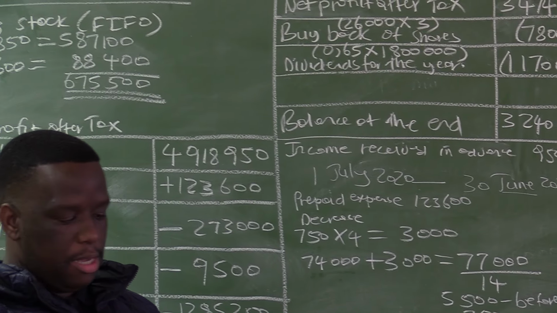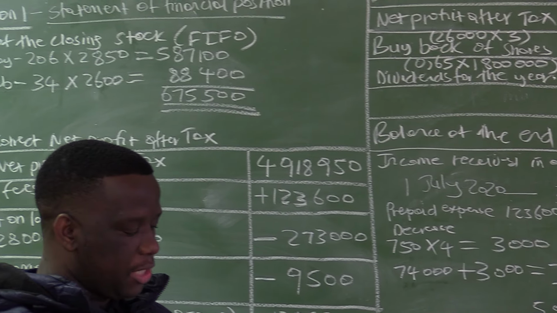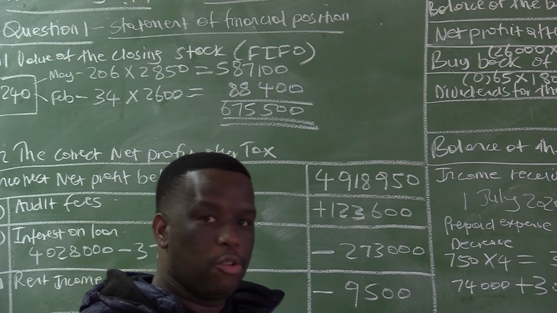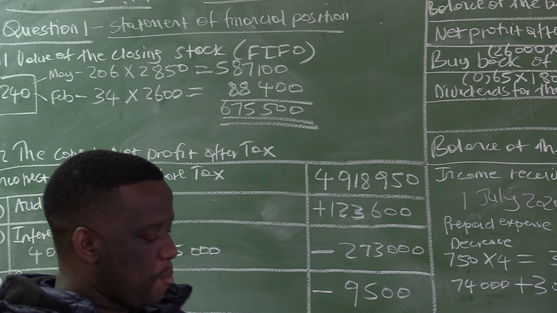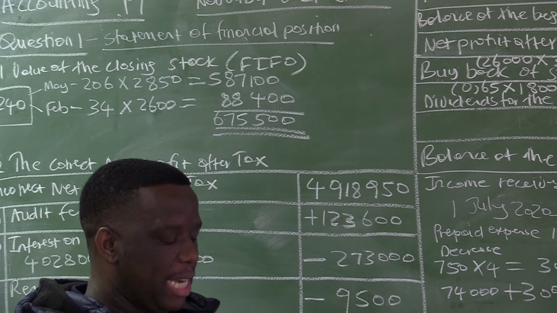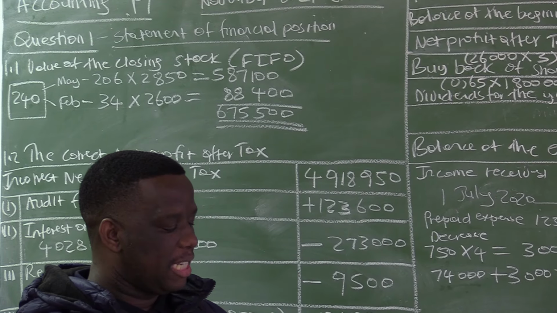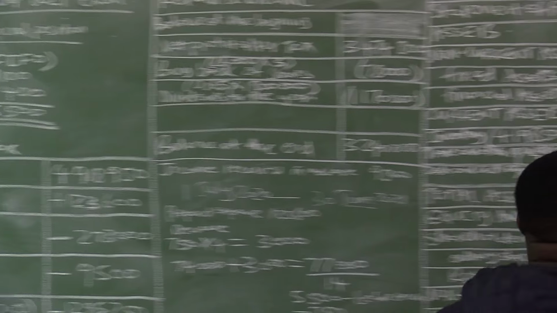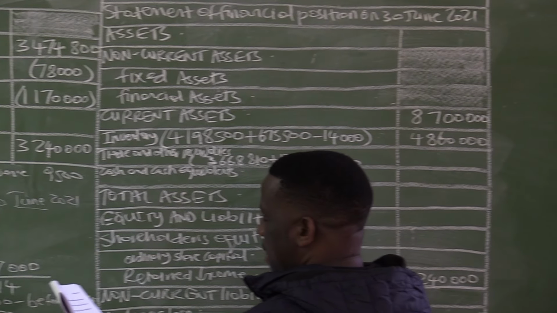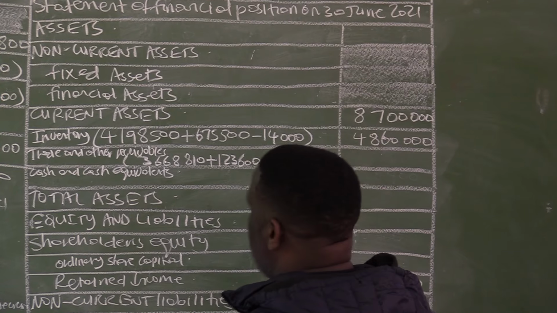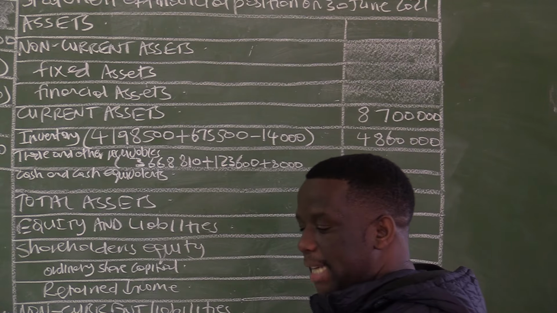Let us then check if there is any other transaction that should affect our debtors. If you look at information E on page 5, it also talks about the debtors. Debtors with credit balances totaling 11,000 must be transferred to the creditors' ledger. We need to transfer because they have a credit balance. It means they have a balance on the credit side. Remember, trade debtors control is an asset.